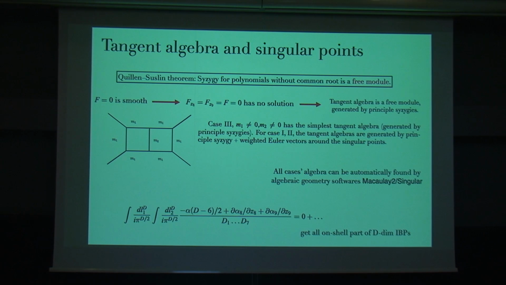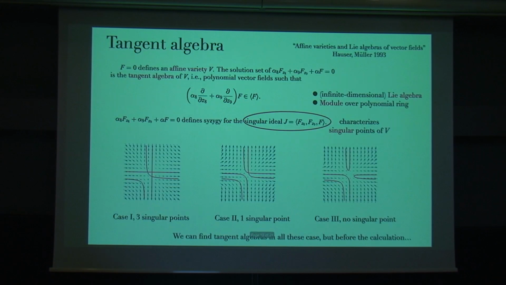If you find that this f is a smooth geometric object, then that means the singular ideal has no solution. Then you can apply the Hilbert-Burch theorem. That means the tangent algebra is a free module generated by principal syzygies. So actually, it's just the intuitive picture: if there's no singular point, it's very easy to find the tangent vector field.